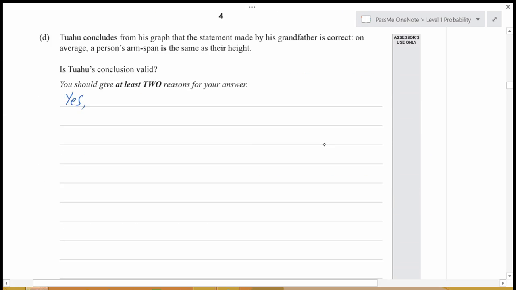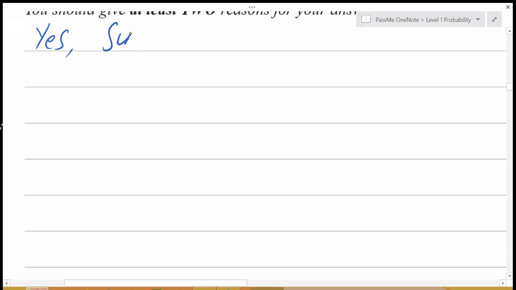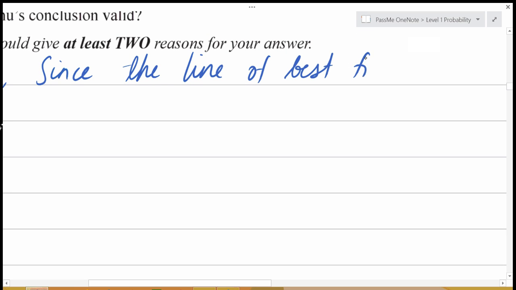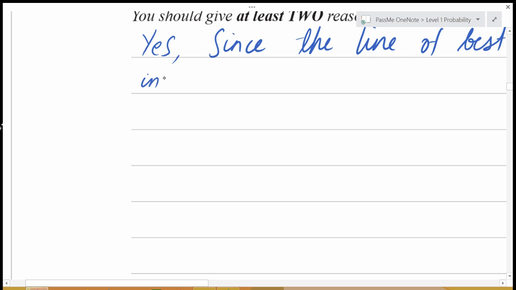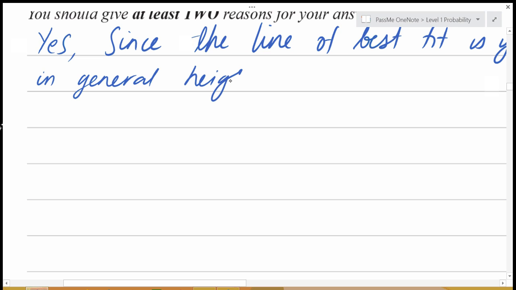So write that down. Yes, since the line of best fit is y equals x, meaning in general height equals arm span. Okay, so that's one reason there.